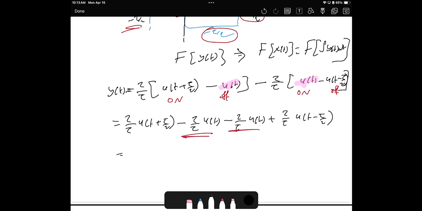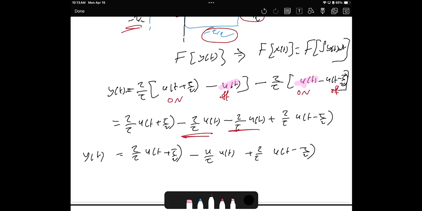So the answer will be 2 over tau u of t plus tau over 2, minus 4 over tau u of t, plus 2 over tau u of t minus tau over 2. Okay? That's y of t.